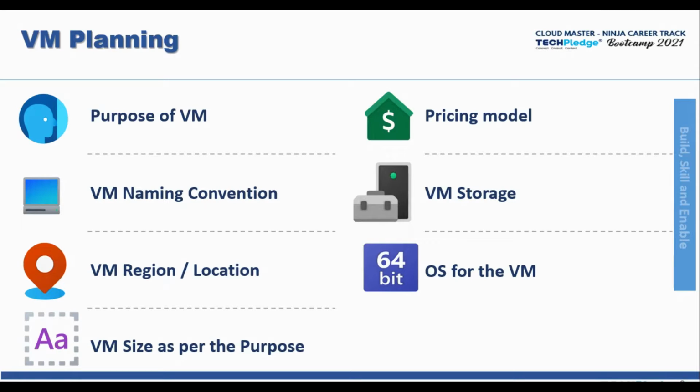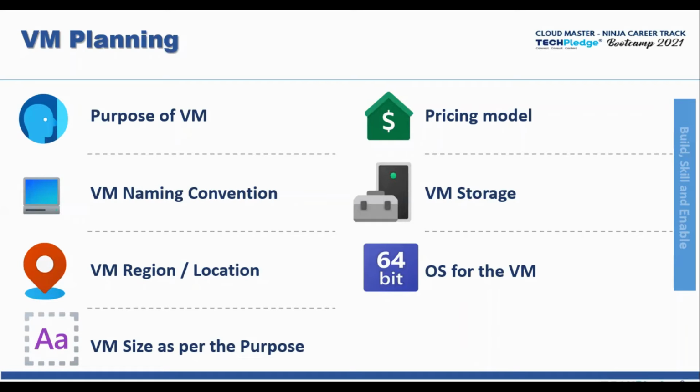Next is VM storage. As you know, there are different kinds of storage, SSD and normal disk. If we go for SSD, it will be fast processing. It is a solid state drive and a very secure storage too. So this is about VM storage. And what about the OS for the VM? There are different kinds of OSs for VM: Windows, CentOS, Ubuntu.